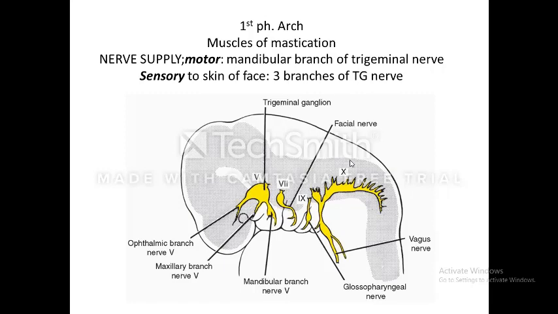The muscle of the first pharyngeal arches, it is the muscle of mastication. النيرف سبلاي راح يكون motors، mandibular branch of trigeminal nerve. راح يكون أيضا sensory عندنا للskin of the face اللي هو 3 branches of the trigeminal nerve. blood supply راح تكون from the first aortic arches.